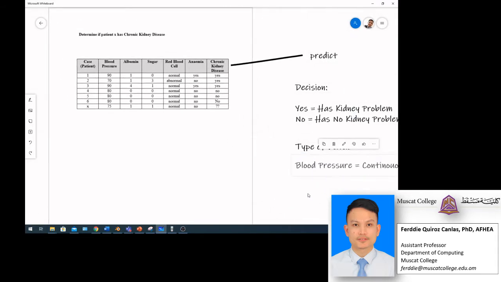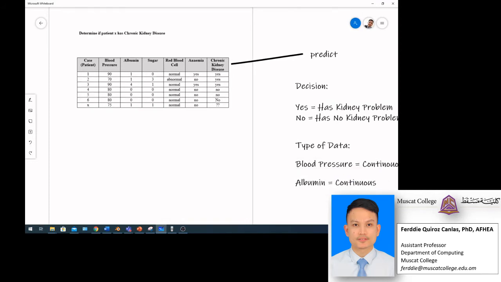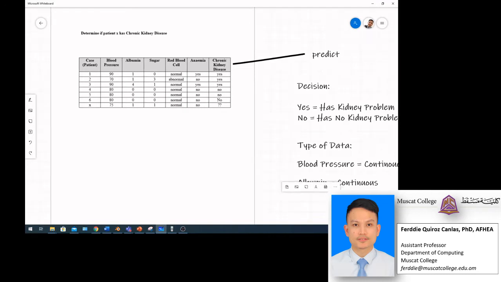How about for the case of albumin? What kind of data is albumin? Albumin is represented in numbers, so we have to call it also continuous. Next, how about sugar? I think sugar also is continuous, right?